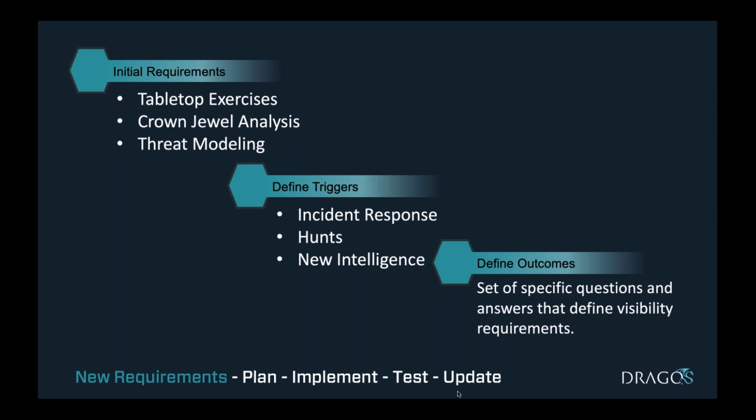So if you've experienced an incident response case, whether it's something fairly benign, such as a near miss that almost happened in your environment, or commodity malware that did make it into an environment but luckily did not have any impact, that should define some triggers to start this process all over again, so that you can start asking the questions: what more visibility would I have needed to be able to detect this prior to now?